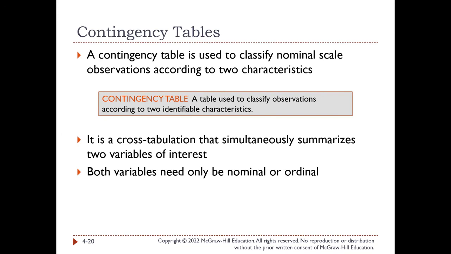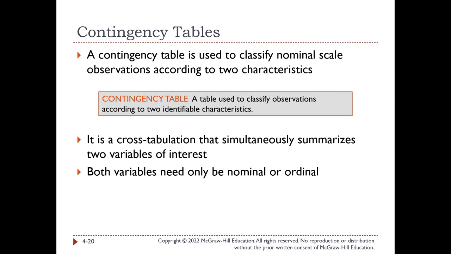Now, contingency tables. A contingency table is used to classify nominal scale observations according to two characteristics. Again, we have to have identifiable characteristics, at least 2.